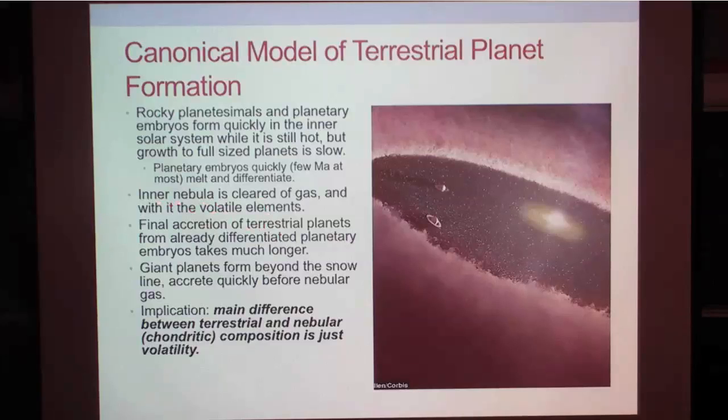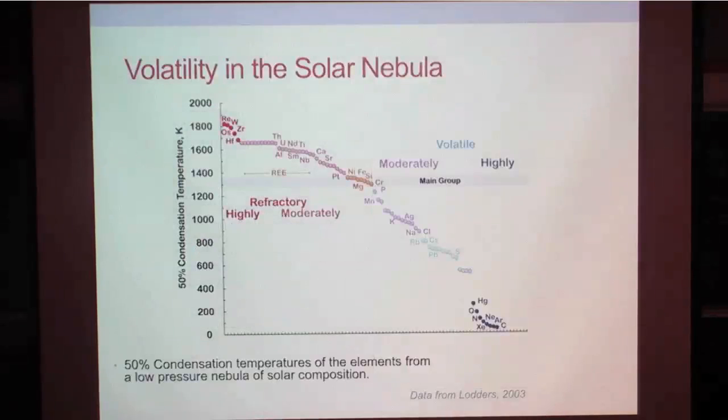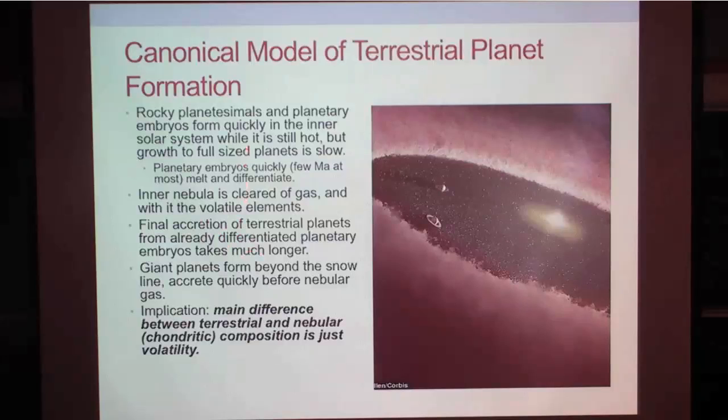In the meantime, the inner solar system becomes cleared of gas before it's cooled entirely, and so these growing planetary embryos fail to capture their full component of these volatile elements. It takes much longer, perhaps on the order of 100 million years, before these planetary embryos finally grow into full-size Earth-sized planets.